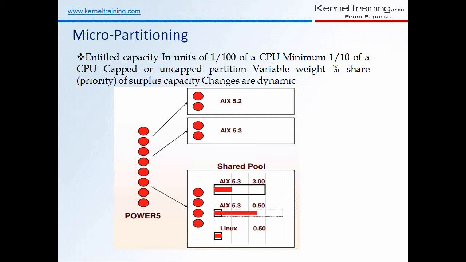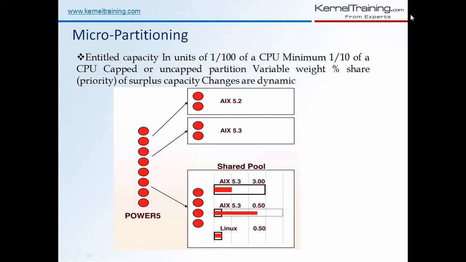What is the benefit of having micro-partitioning? Assume my test environment has a low burden on the processor and utilizes only 20% of the CPU, not more than that. But for that 20%, I am wasting my whole CPU.